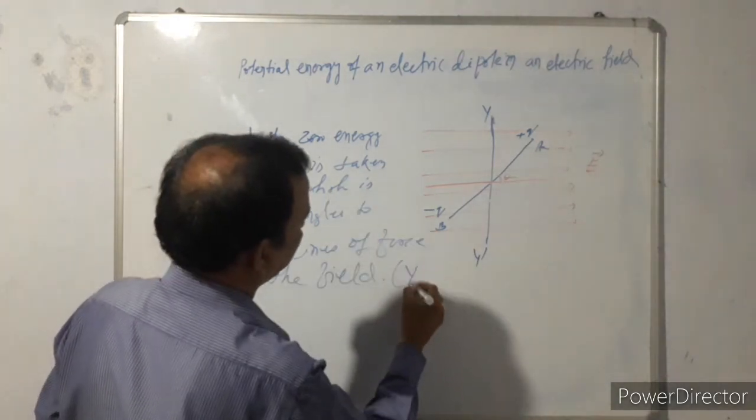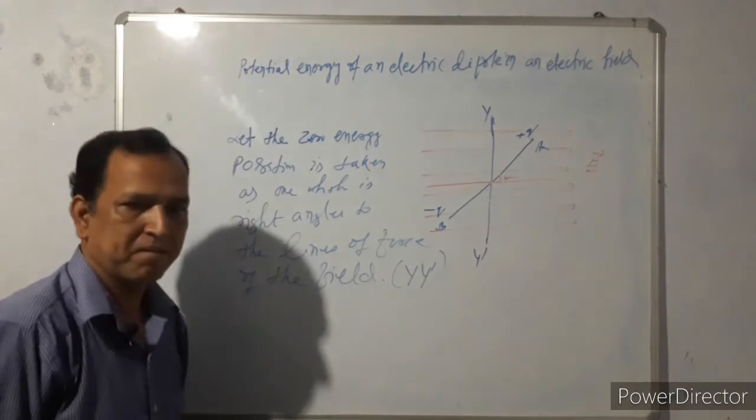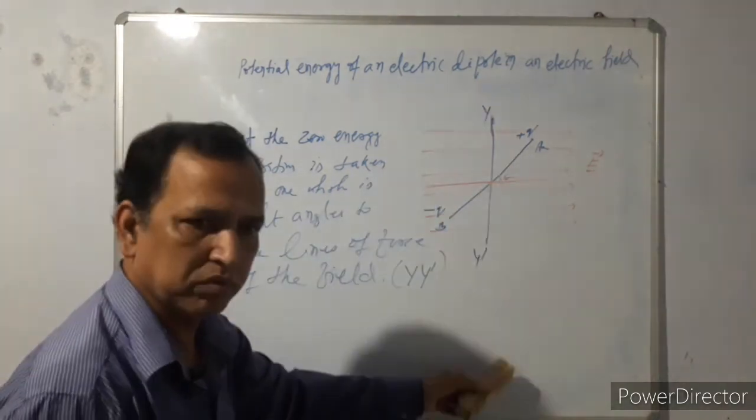That is y dash. This is the first position of the dipole.